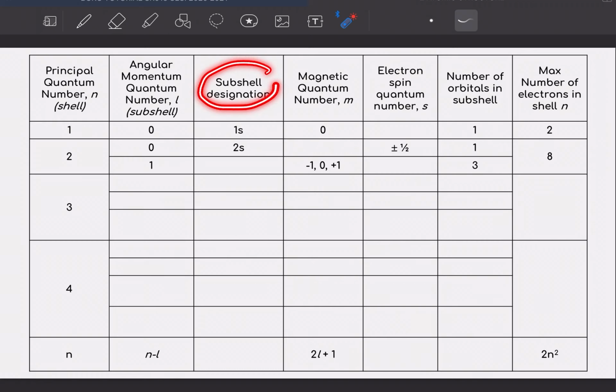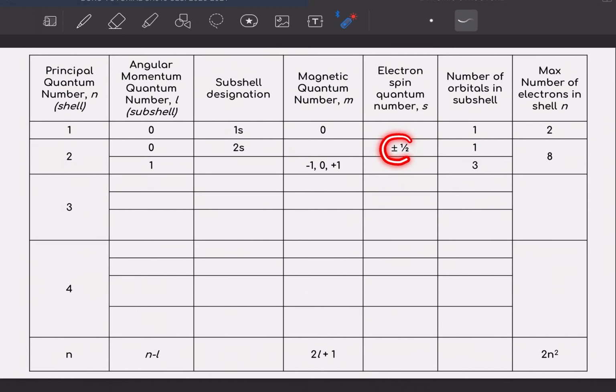So the subshell designation will be 1s, because n is 1, and when L is equals to 0, you have s orbital. And then the magnetic quantum number, m, will depend on L. So when L is equals to 0, then your m will only equal 0. Okay. And then your electron spin quantum number, s, can be plus half or minus half.